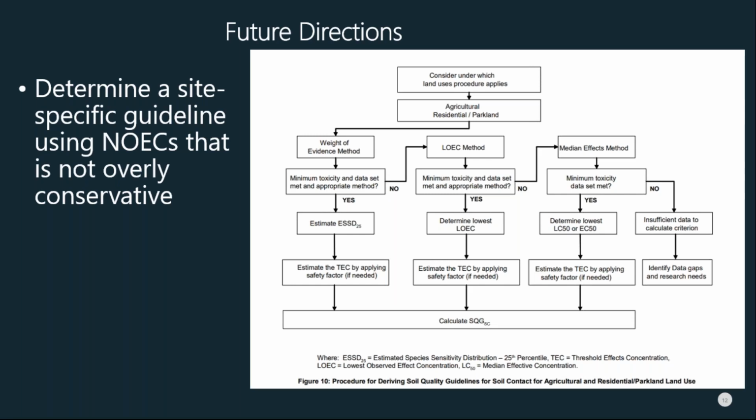And there's really not any clear guidance on how to determine a guideline just with NOECs and no partial effects. So we are engaging different regulators and Environment Canada personnel on different approaches that we could potentially use for the future directions. And hopefully that'll be another future presentation from us, the results of the next 2 steps.